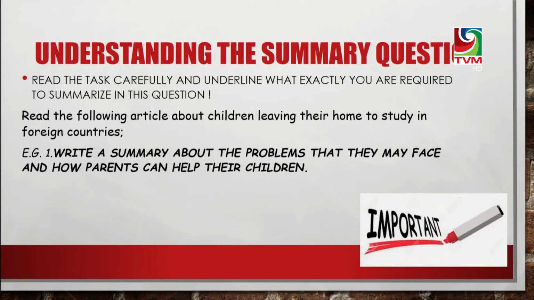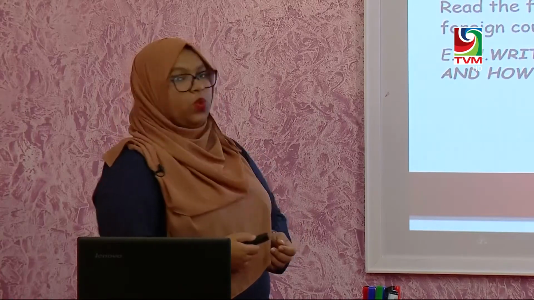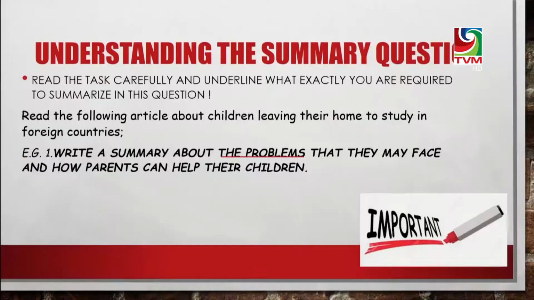Write a summary about the problems that they may face and how parents can help their children. So let's identify what are the key parts of this question. The problems they may face and how parents can help their children. So it is very important that you identify the key components of a question.